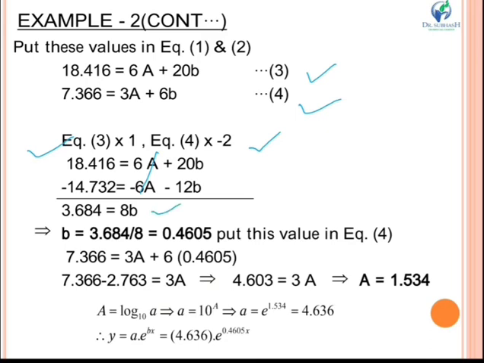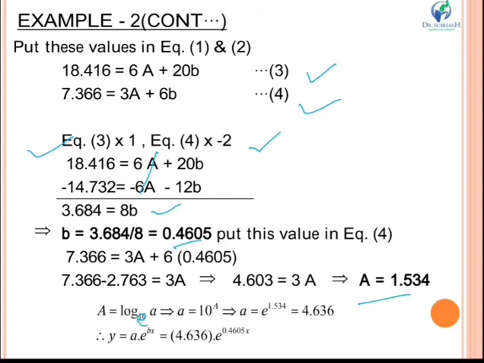This implies B equal to 0.4605. Now I will put this value in equation 3 or equation 4. On putting this value in equation 4, I get the value of capital A as 1.534. Now capital A equal to log, here base e, of small a.